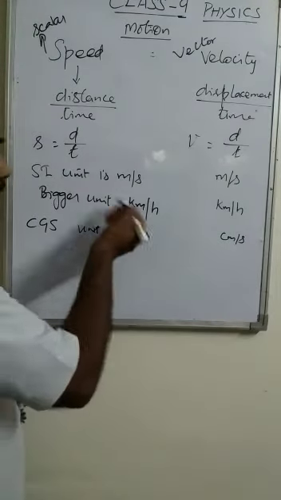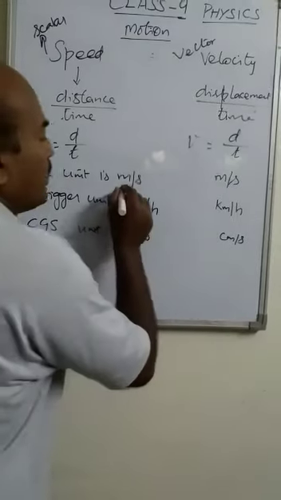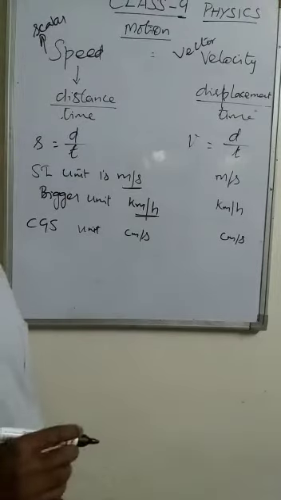Now if we take the SI unit of these two quantities and the bigger unit: the SI unit is meter per second, the bigger unit is kilometer per hour.